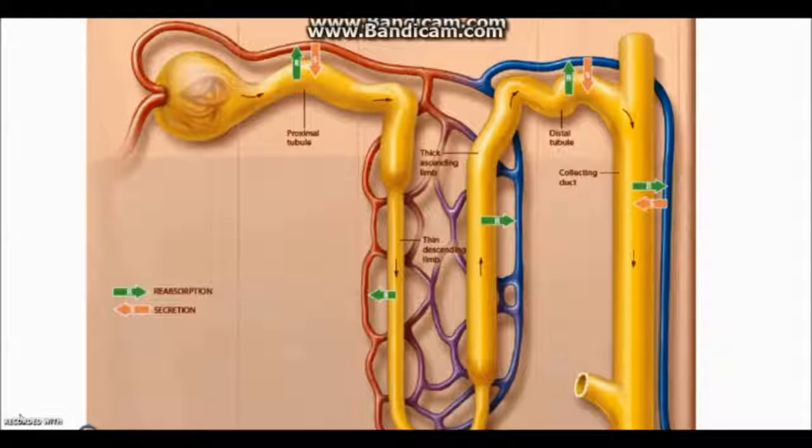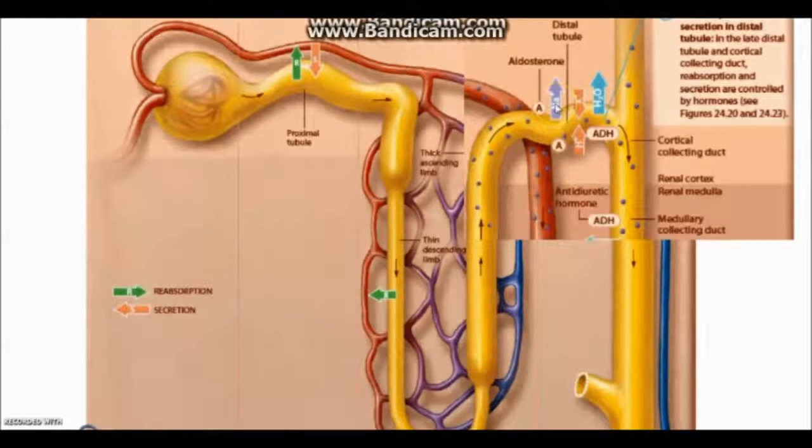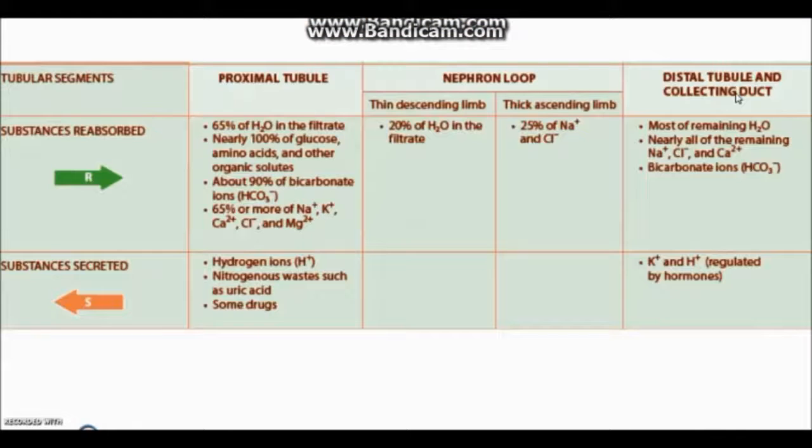After the aldosterone stimulation, it controls the reabsorption and secretion in the late distal tubule and cortical collecting duct. The aldosterone and antidiuretic hormone play an important role in reabsorption and secretion of substances.